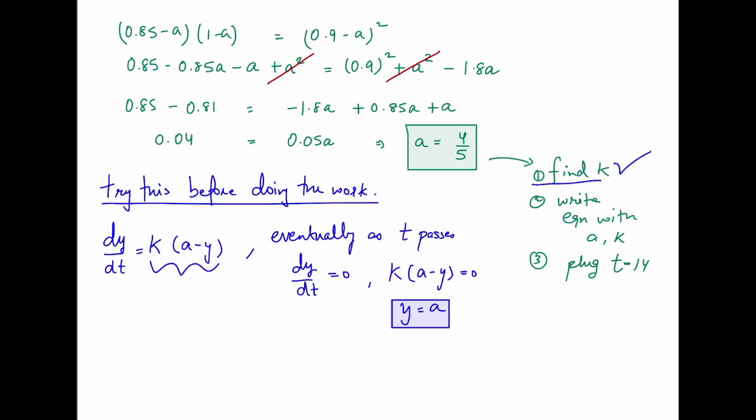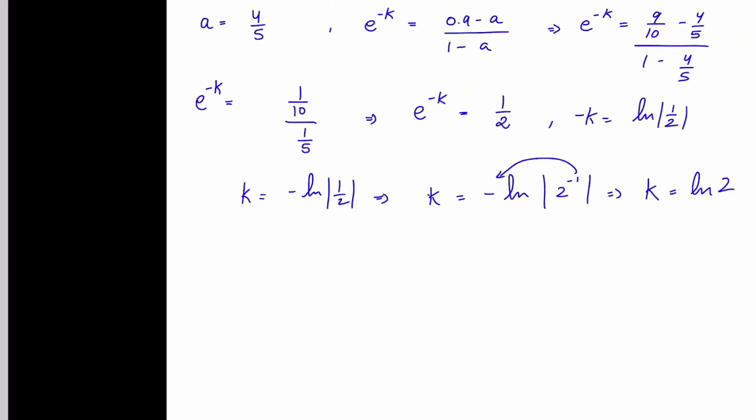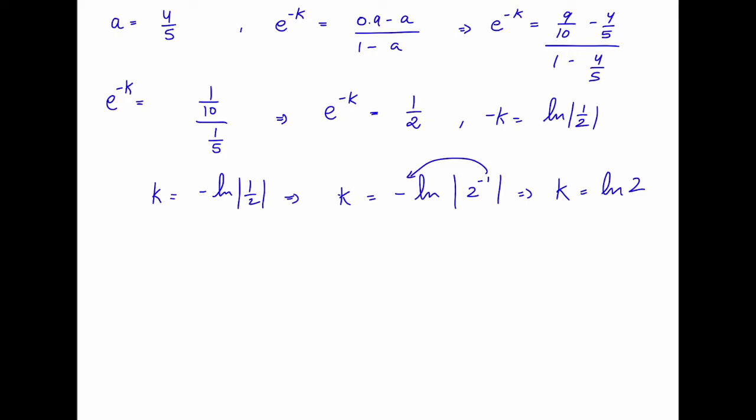Now we have to write the equation with the known values of A and k. This question looks horribly long, but it's very important for me to tell you the concept of differential equations in this question, because this is the best example of something that can probably be asked on the exam. So here my solution will be y equals A, which is 4 over 5, plus (1 minus 4 over 5) e to the power of ln 2 t.